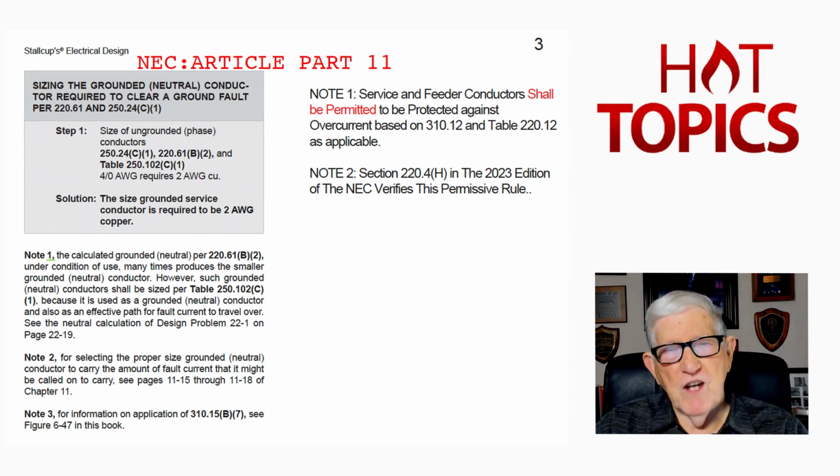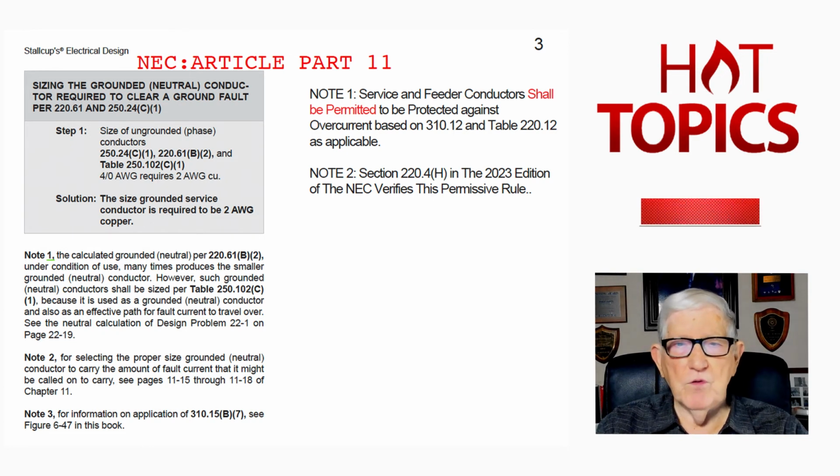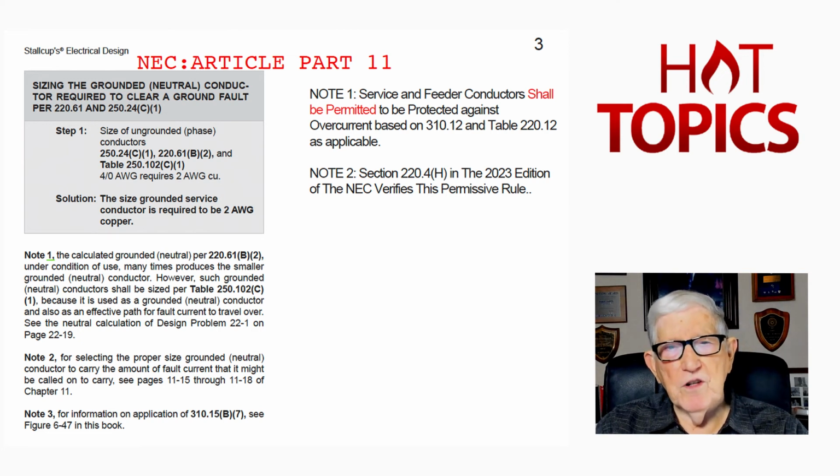You want to check this out very carefully and see just exactly when you drop down to note 2 in the illustration and you review 220.4(H) in the 2023 edition and see how that permissive rule will be interpreted. How will the authority having jurisdiction make that interpretation? Because it's very clear, as you see in note 1, service and feeder conductors, here's the key now, shall be permitted, meaning what?